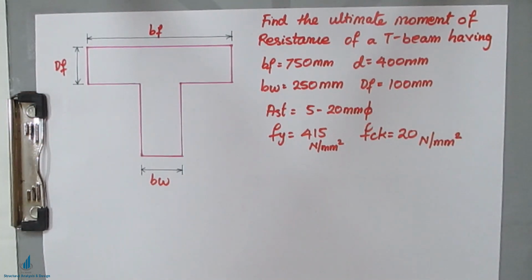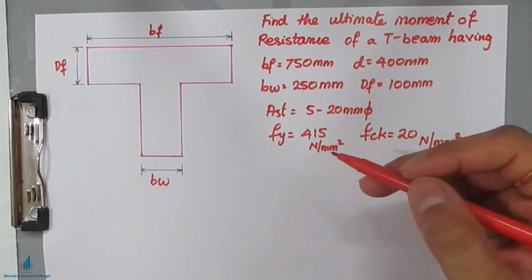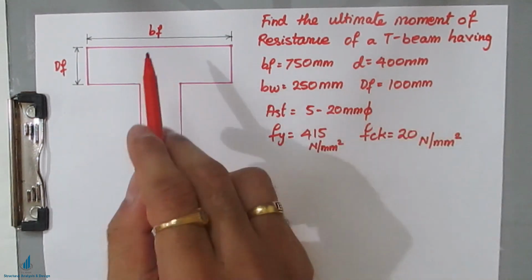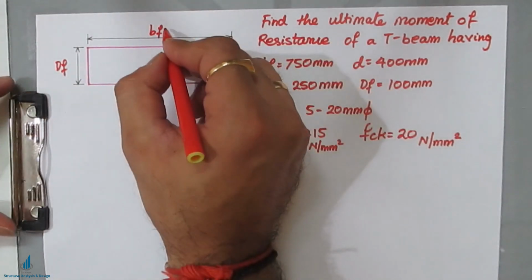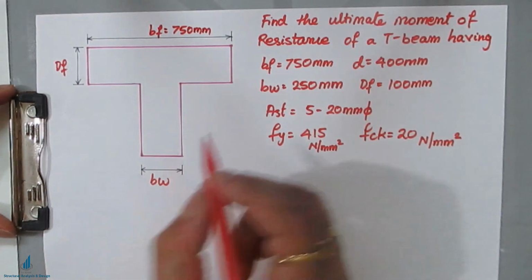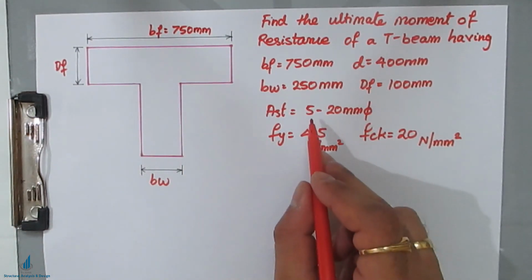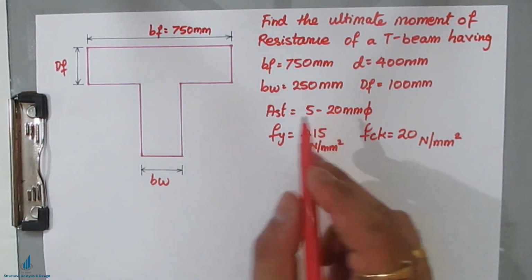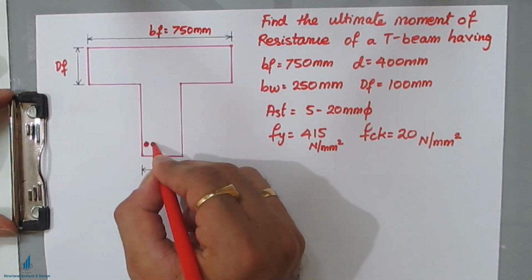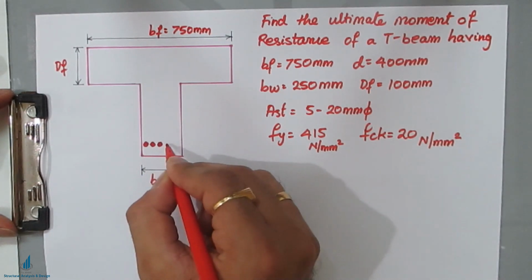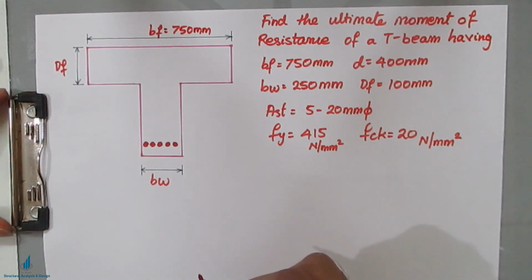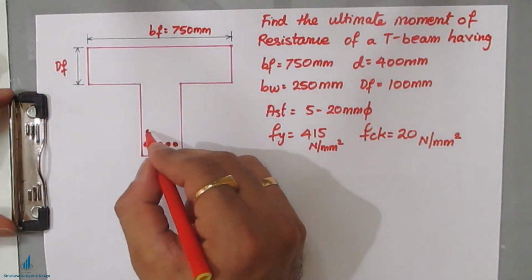Okay, so this is the data they have given for a T section to find the ultimate moment of resistance. This BF is 750 mm here. Like this you can mention 750 mm, the effective depth, and these 5 bars of 20 mm are placed in the web: 1, 2, 3, 4 and 5.